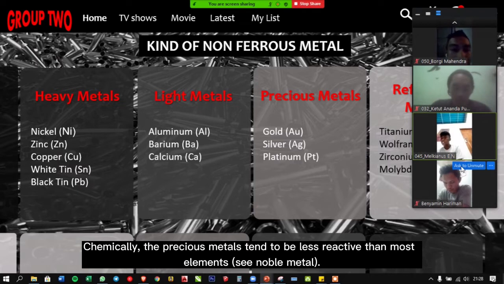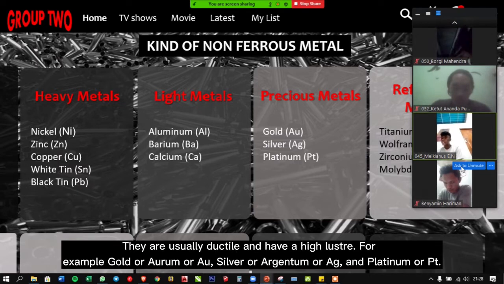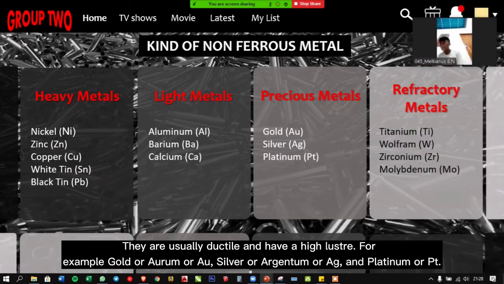See noble metal. They are usually ductile and have a high luster. For example, gold or aurum or Au, silver or argentum or Ag, and platinum or Pt.